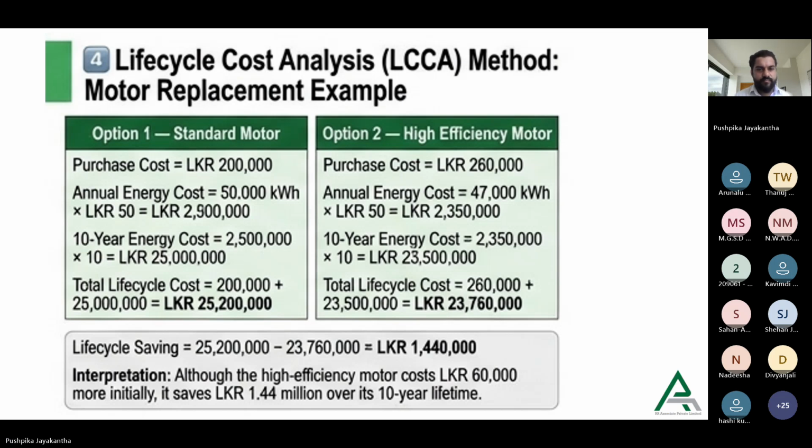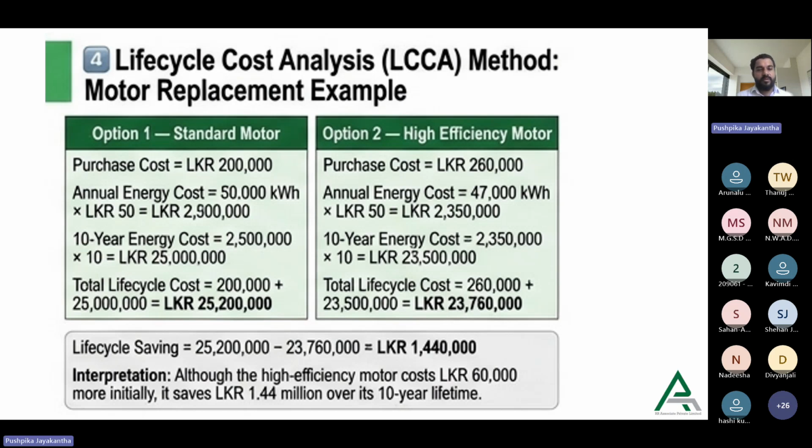Here, first you have to get the annual energy cost for both motors, and then consider it for the 10-year period to get the operating cost for 10 years. To do the life cycle analysis, you have to consider the initial purchase cost also.